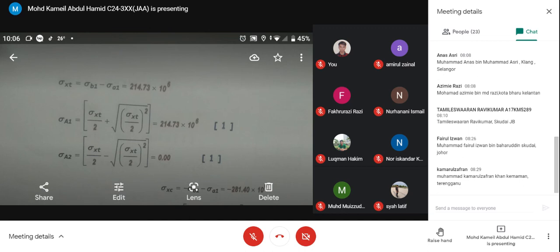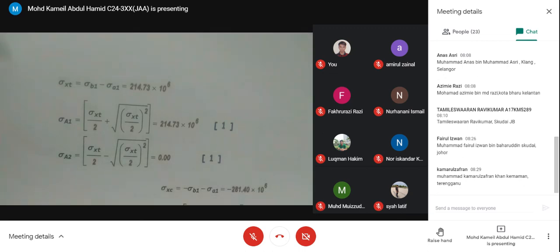Sigma B1 is 248 minus 33. Okay, 248 minus 33 gives 214.73. So that is sigma x tension.